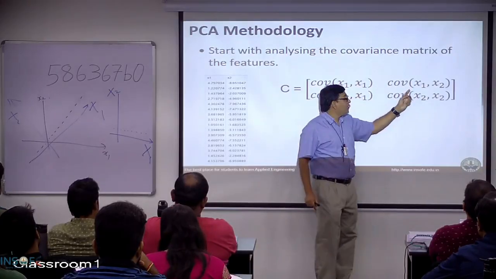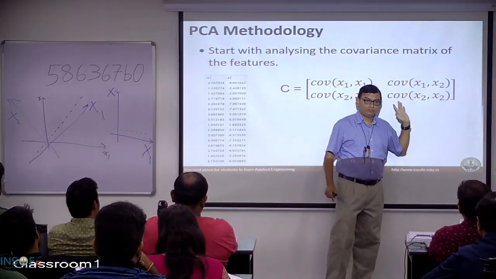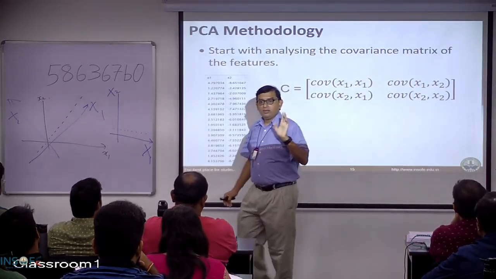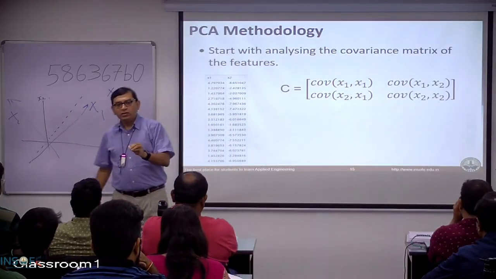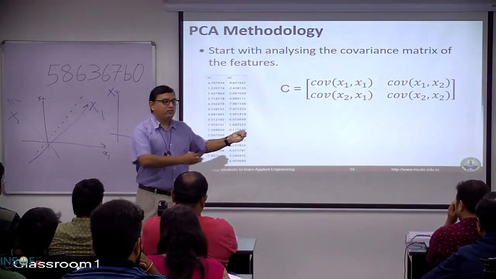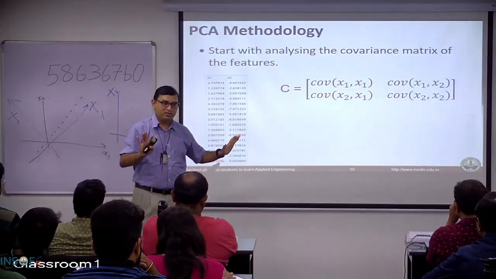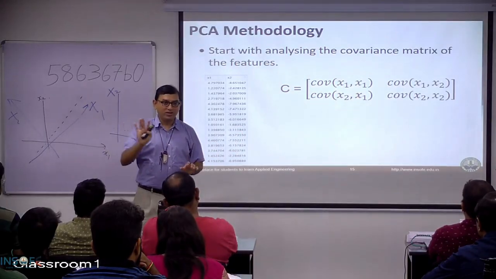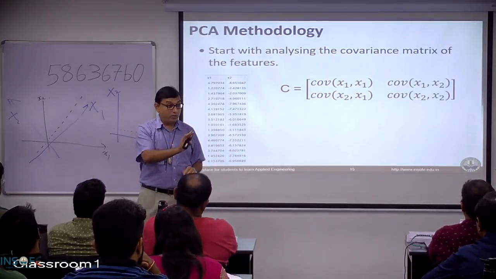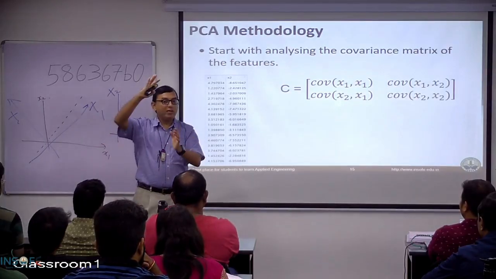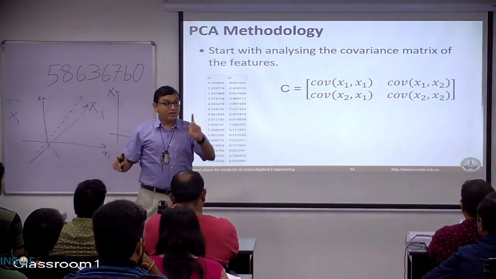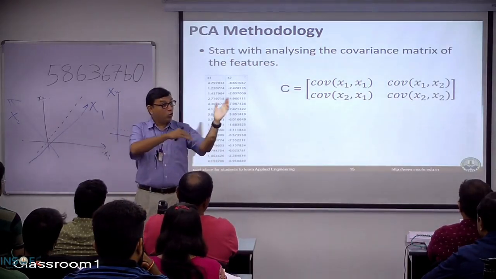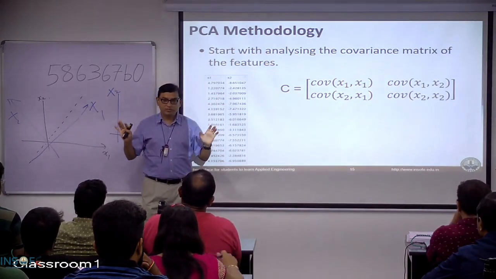Off the diagonal is the covariance of x1 with x2. I'm hoping that at least it's intuitively clear why we need to be dealing with the covariance matrix. We might not know what to do with it yet, but it's important because the variable transformation we are going to be doing relies on the fact that there might be correlations between the features that we are using.